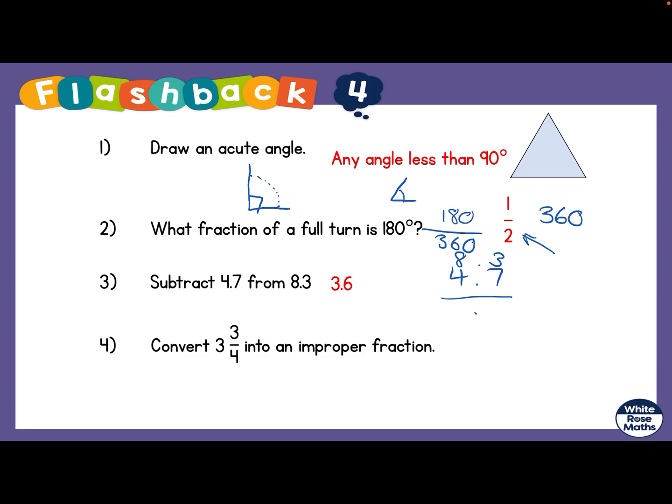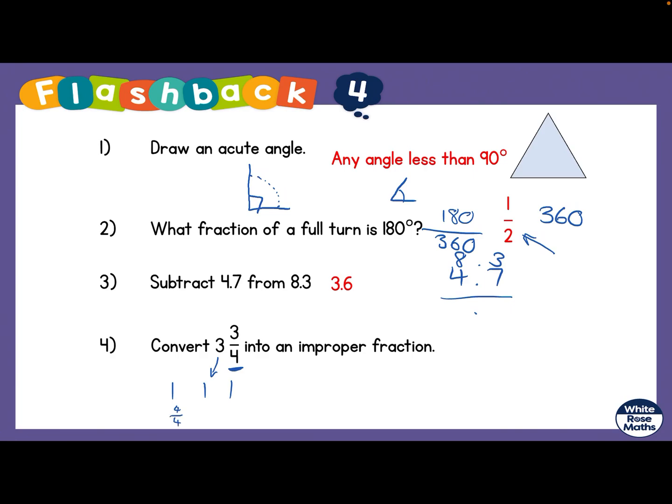So convert 3 3/4 into an improper fraction. So if we take this 3 here, we're in quarters. How many quarters is 1? So before I get onto that step, I'm going to split this 3 into 1, 1, 1. I'm going to split it into 3 wholes. Now I'm going to convert each of those into quarters.